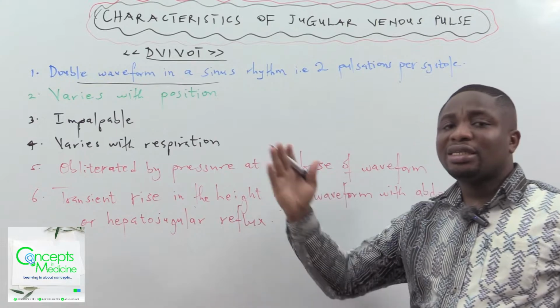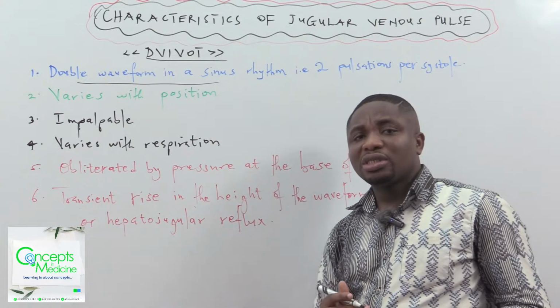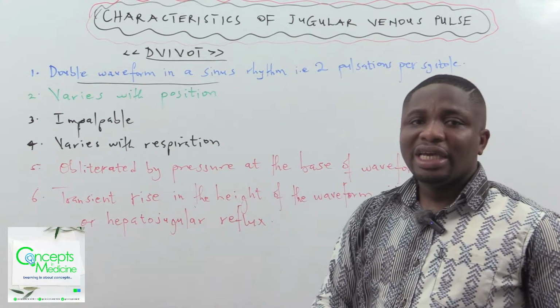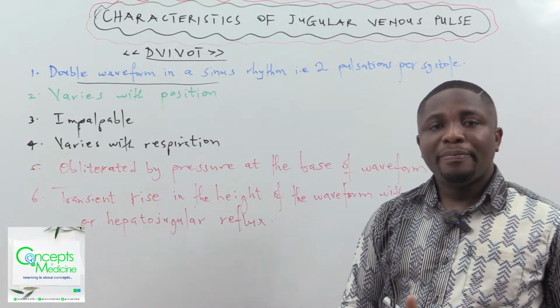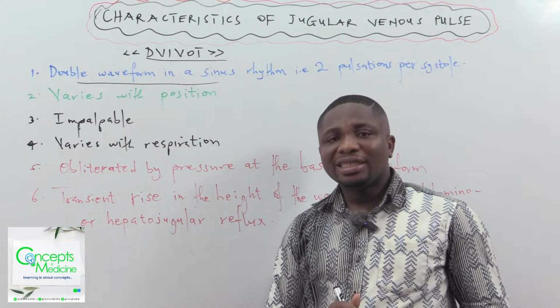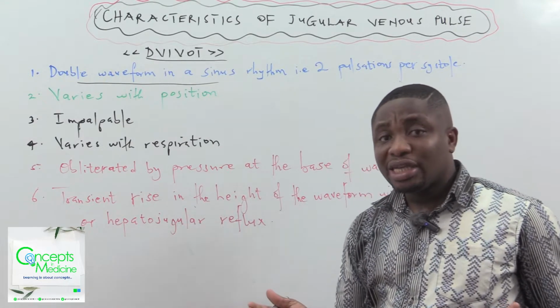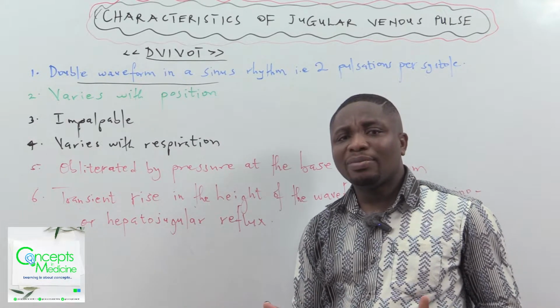Then the next one is that the jugular venous pulse varies with position. What does that mean? In the measurement of jugular venous pressure, the patient is put in an upright position, that is, in the cardiac position. Why in the cardiac position?